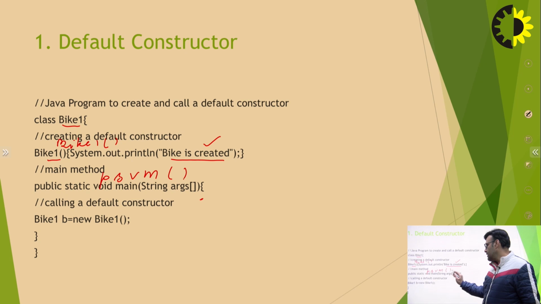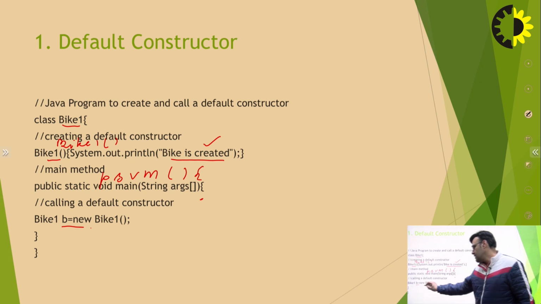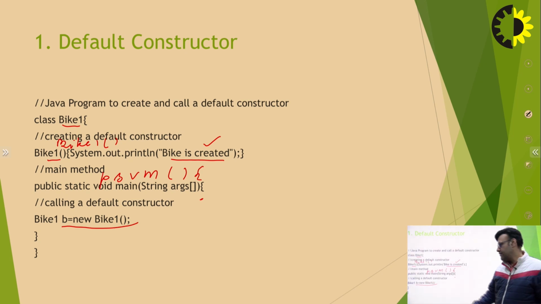Then there is public static void main, under which I have just created the object. Whenever I create this object and run it, it will print "bike is created". We very well know how to run it. Either we can use some IDE, most of the popular IDEs that students use today, like NetBeans, Visual Studio, VS Code.